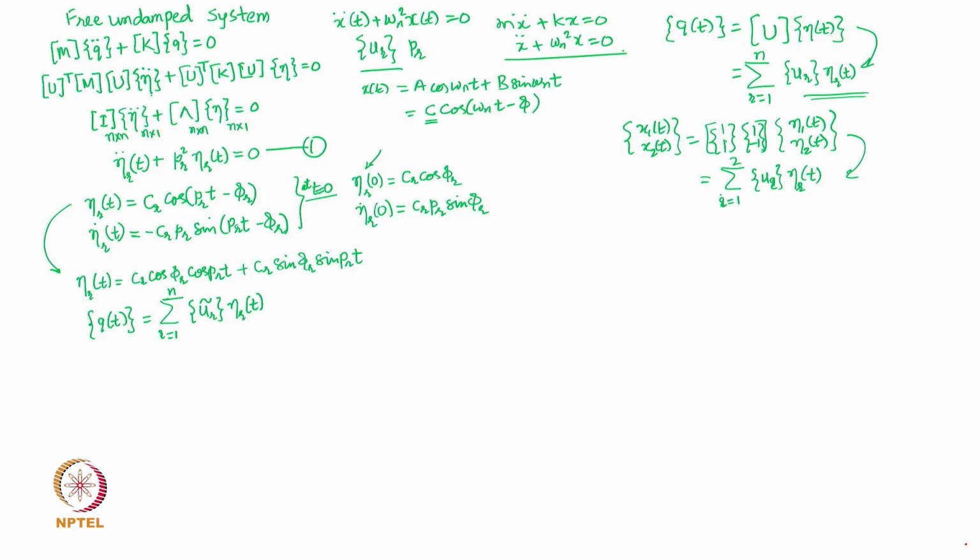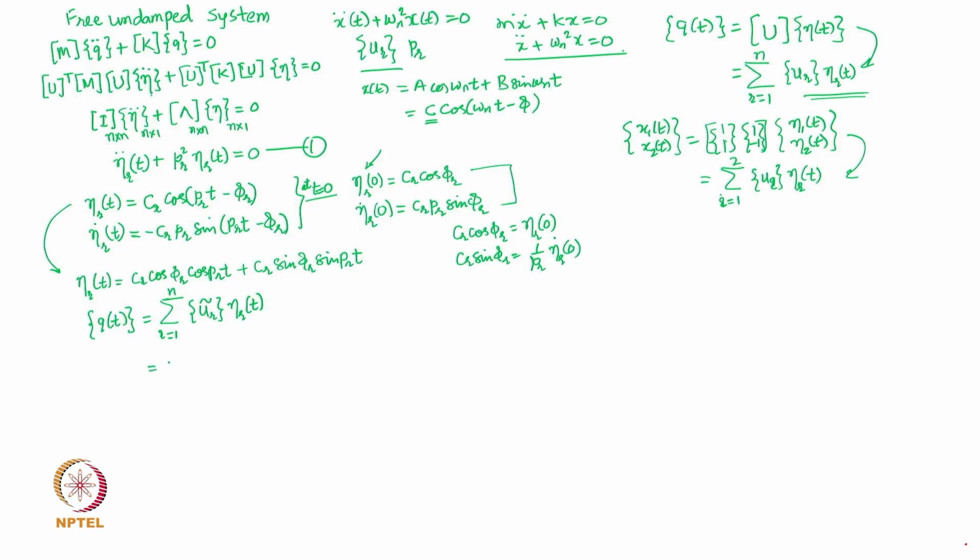Okay, now eta r(t) will be comprising these unknown constants which we need to find out. We have already got these two equations from the initial conditions, which tell me that Cr cos phi r, this product itself, is eta r naught, and Cr sin phi r is 1 over Pr times eta r dot, okay, at time t is equal to 0.